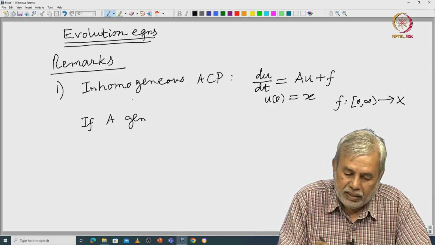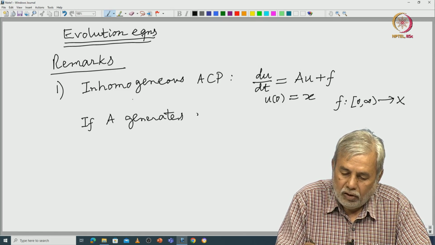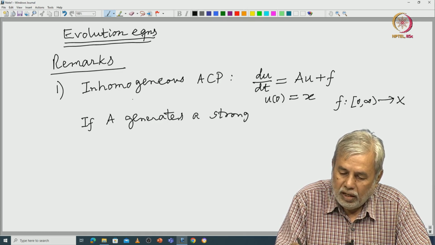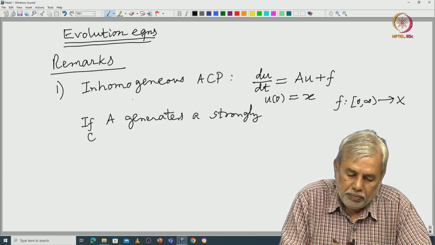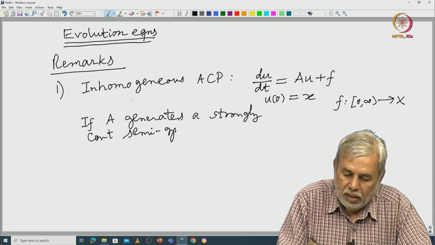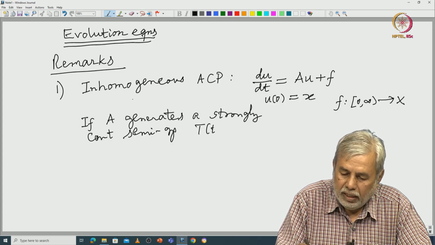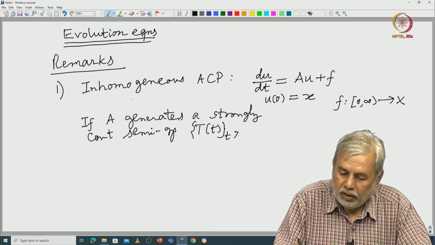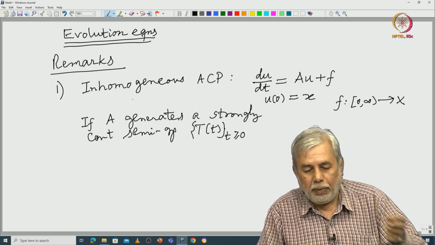Okay. If A generates a strongly continuous semigroup T(t), then we can write down the solution of this inhomogeneous equation.